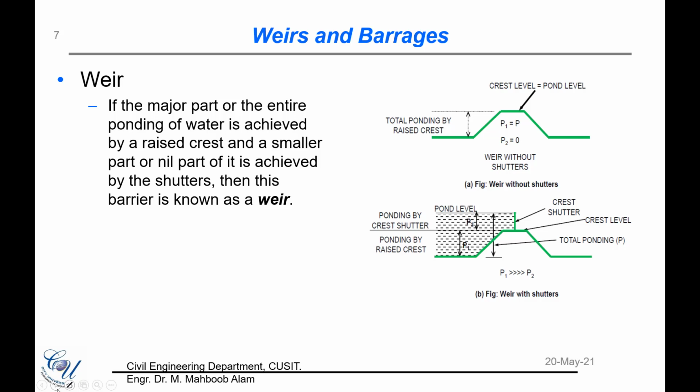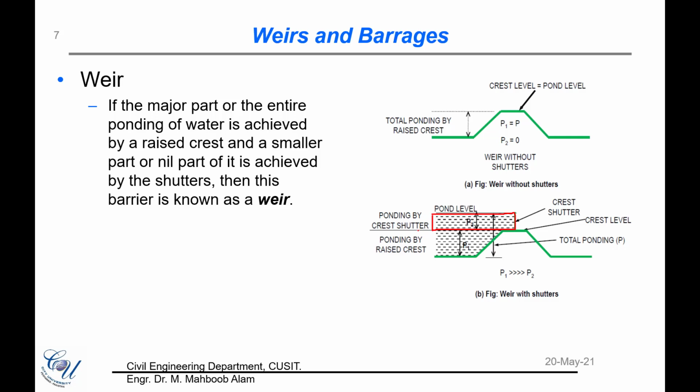We would have, I think, discussed it earlier in the classes, but weirs are the structures which have a raised crest level, and the thing that makes it different from the barrage is that most of the water that is stored in a weir is stored because of this raised crest level. So there is a very small portion of water, for example, if you can see here in this figure, a very small portion of the water which is basically stored by the gate.